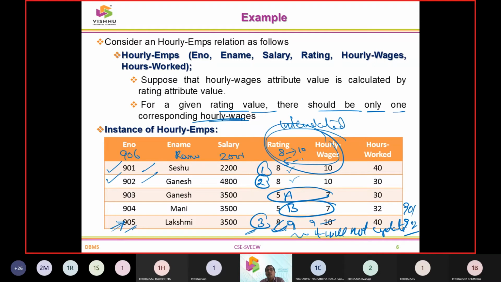If I put 5, it should be 7. If I put 9, it should be 9. So updated information must be available in this case, which is not known to us.